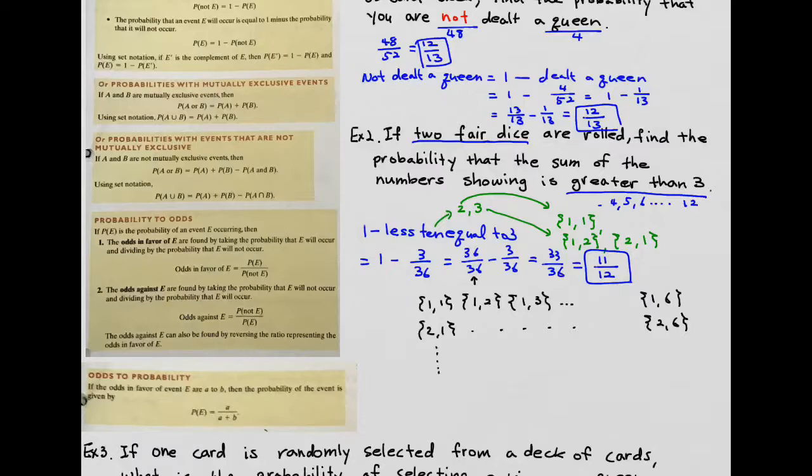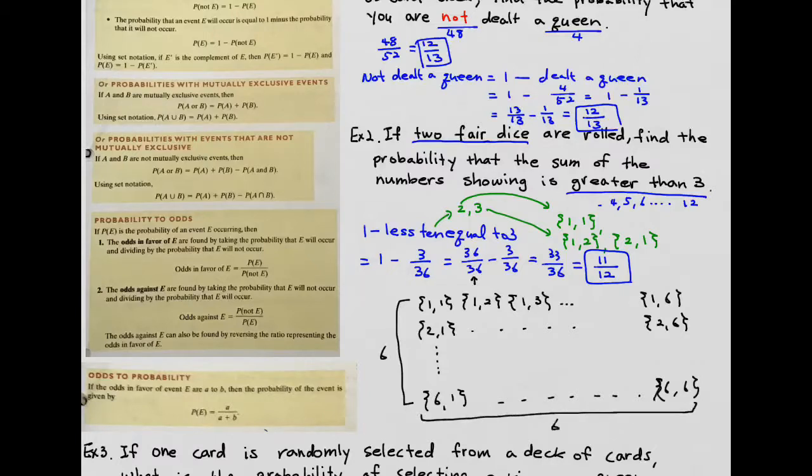And then you have all the way to when the first is 6 and the second is 1, and all the way to 6 and 6. So right here you're going to have 6, and from here to here you're going to have 6. So 6 times 6 is 36. That's how you get the total outcomes, this number.